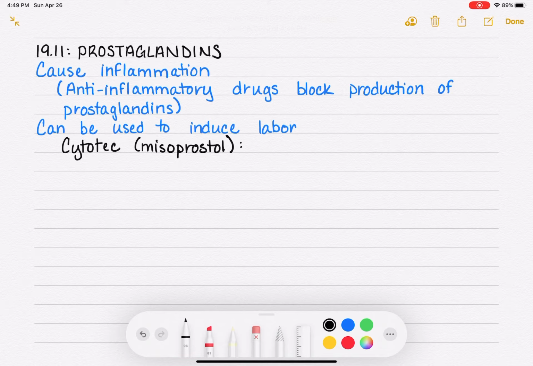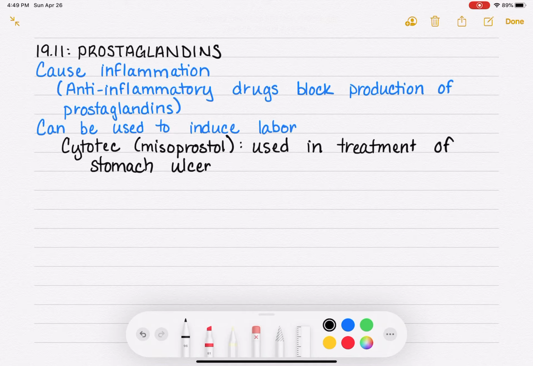So its intended purpose is the treatment of stomach ulcers. And somehow, and I do not know how, somebody decided to try it as a labor-inducing medication. Cytotec is effective.